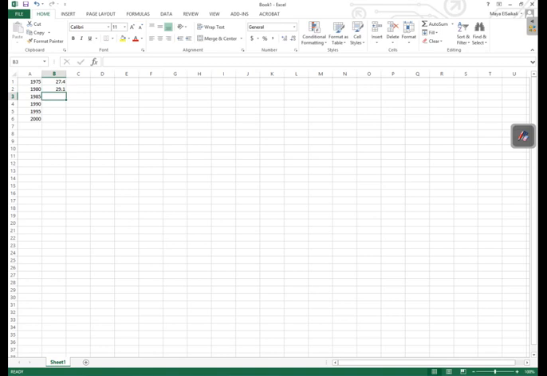This shows the median age of Canada's population from 1975 to 2000.